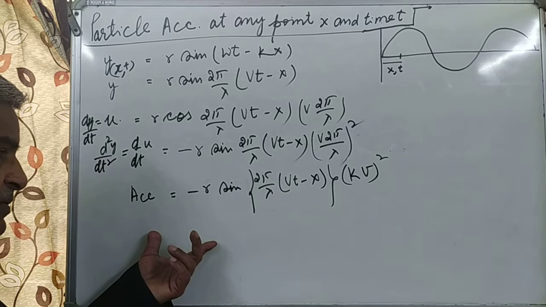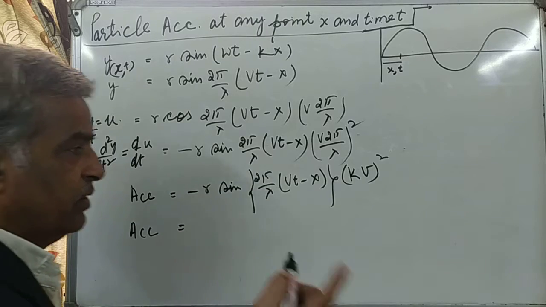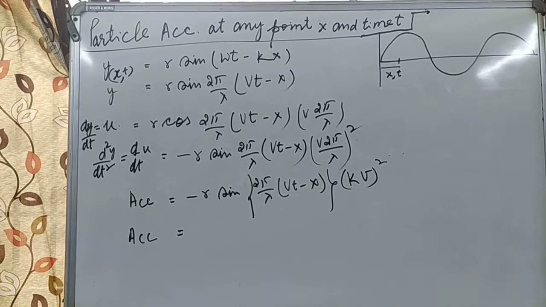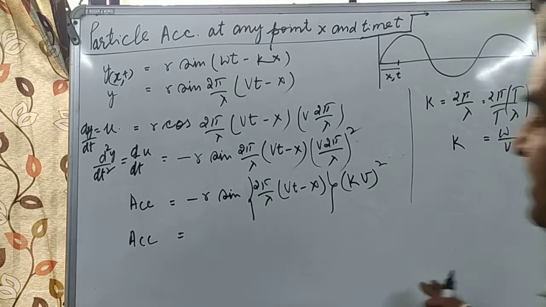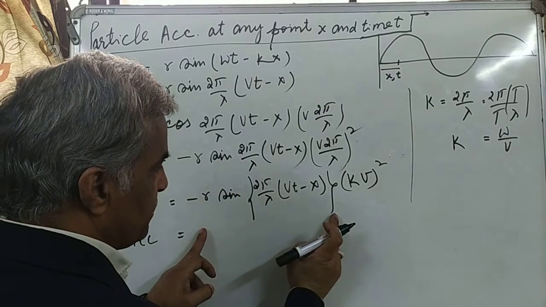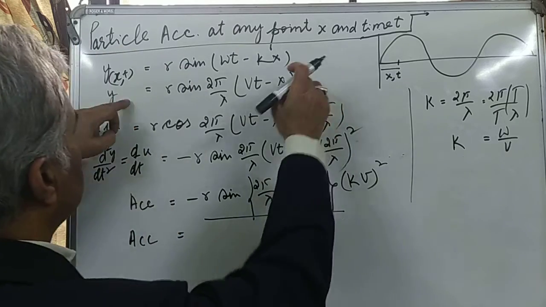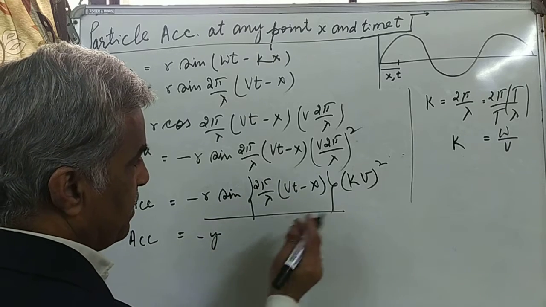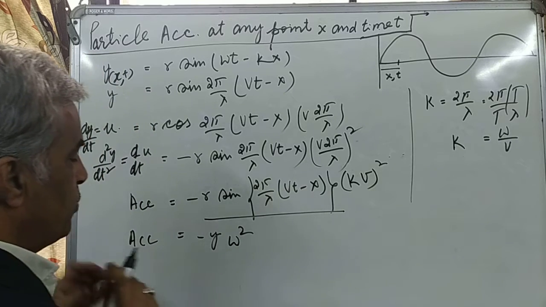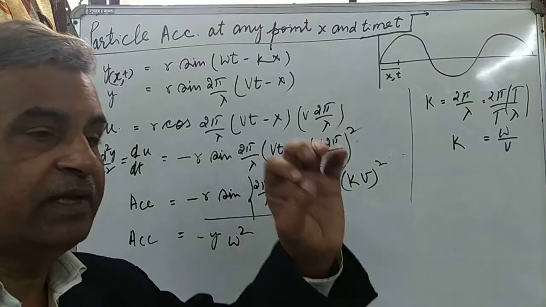So further, as you know, in this case the acceleration is minus r sin theta, so in place of this you can write y, so minus y, and this is kv squared, where kv is omega, so minus omega squared y, as also in SHM.